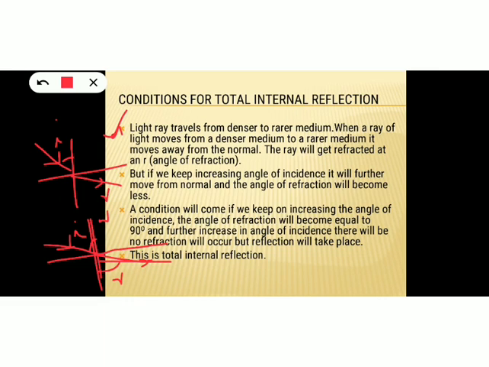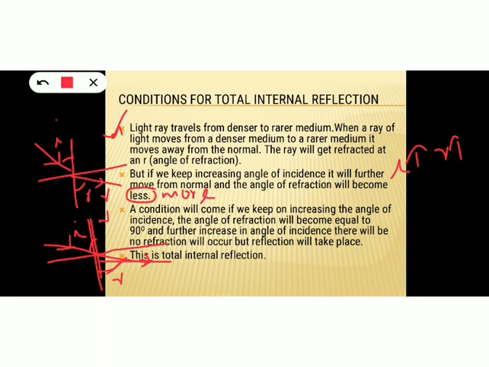Initially this was the angle of refraction, now this is the angle of refraction. Here it is written less, but it is not less, it is more actually. Sorry children for the mistake. So when we increase the angle of incidence, the angle of refraction also increases.